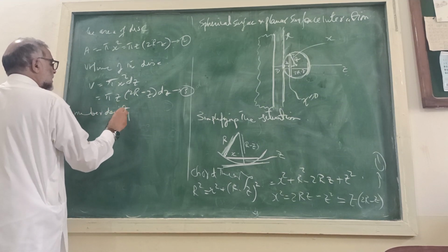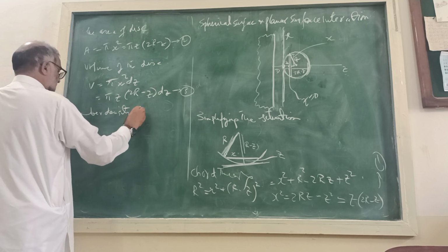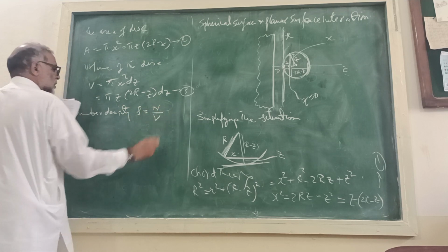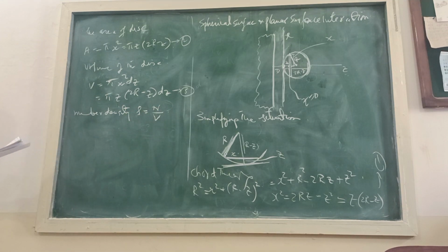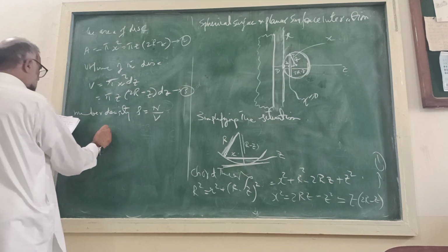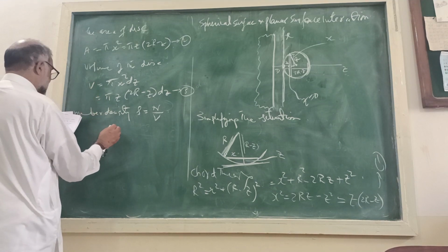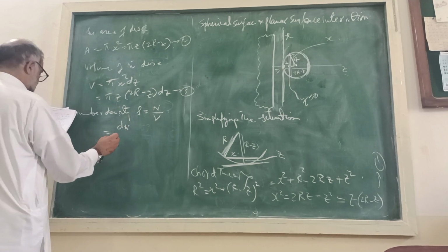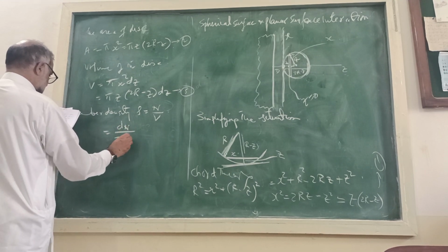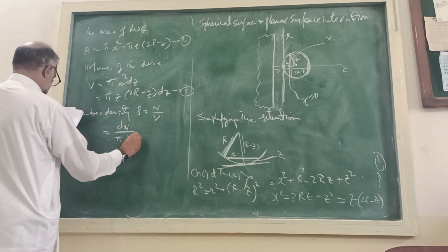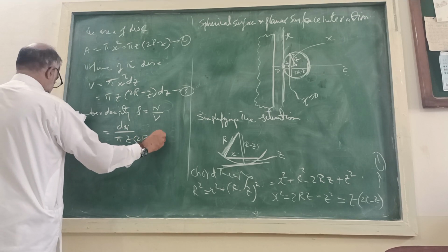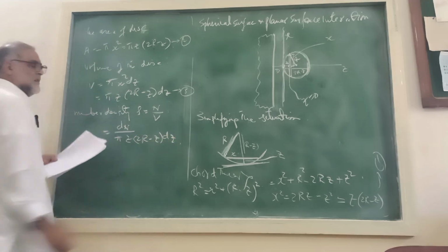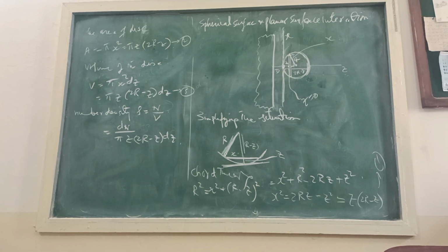The molecules per unit volume, right? N over V, where V is the volume. So suppose we write it like this: rho equals dn, the number in the small volume, divided by pi z (2r minus z) dz.